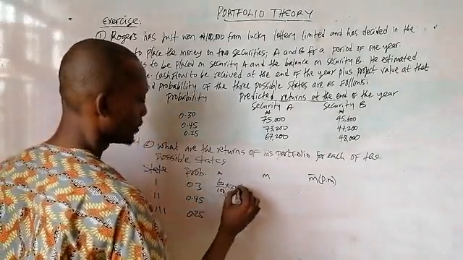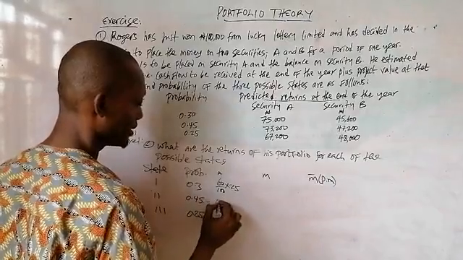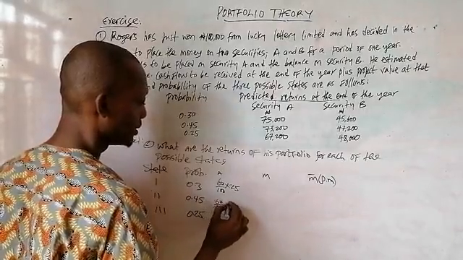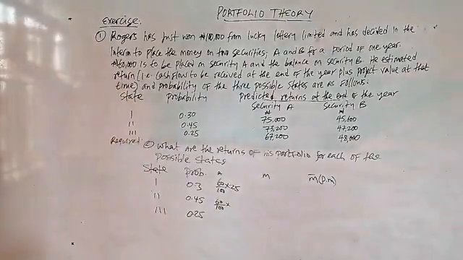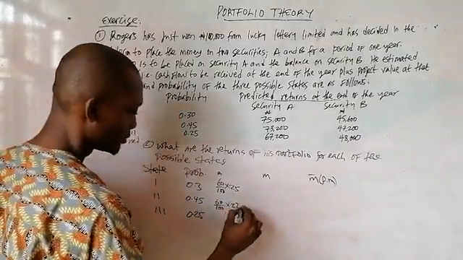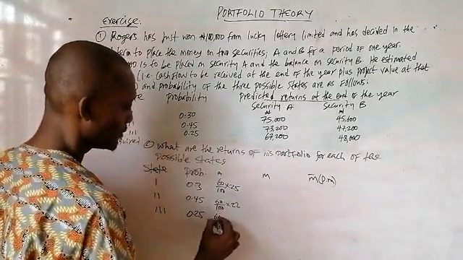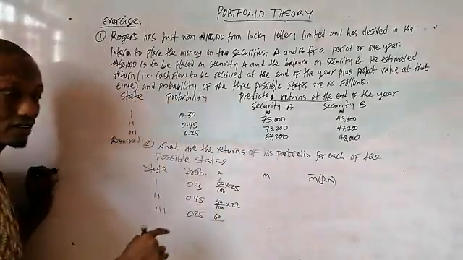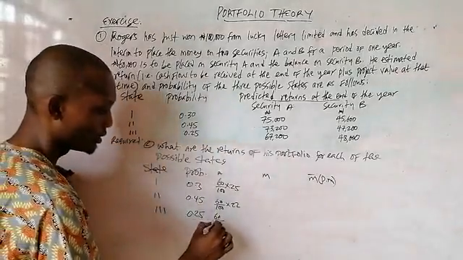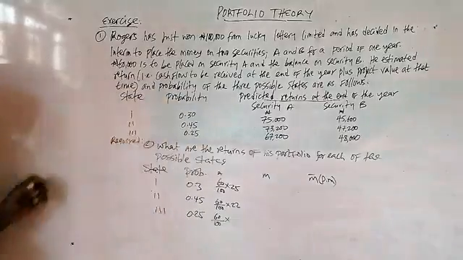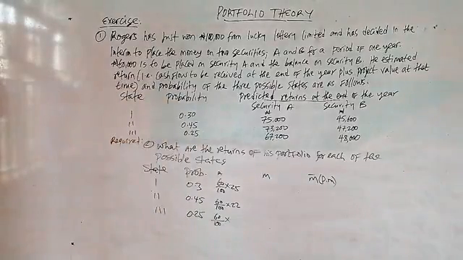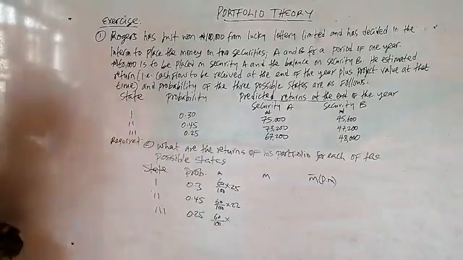We still have the same amount invested, 60 over 100, times the return for security A in state 2, which is 22. The same thing applies, 60 over 100, the percentage you invested in security A, multiplied by the return for security A in state 3, that is 12.